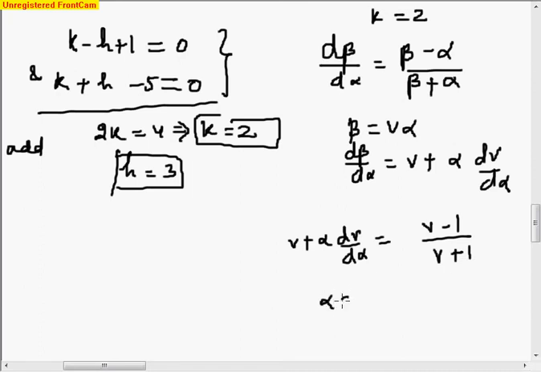So alpha dv by d alpha is equal to (v minus 1) upon (v plus 1) minus v, right? Now minus v square, v minus v cancels. This is (minus 1 minus v square) upon (v plus 1), right?